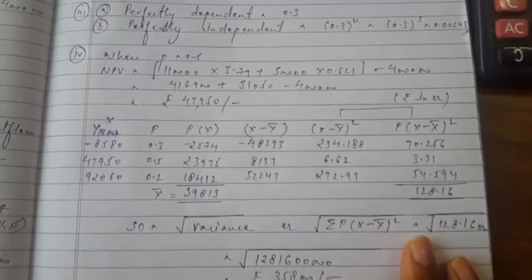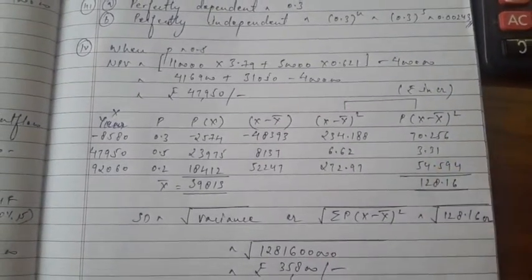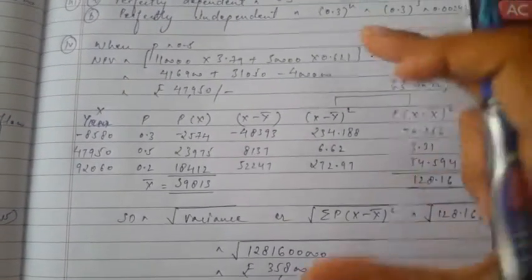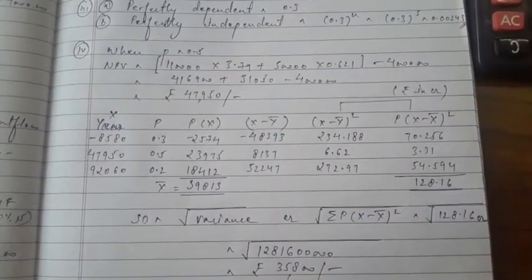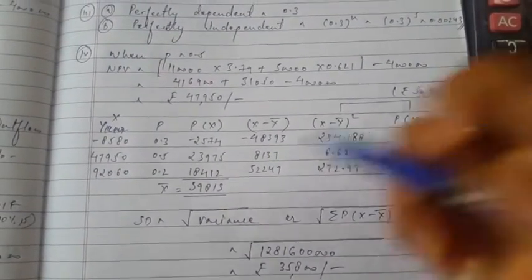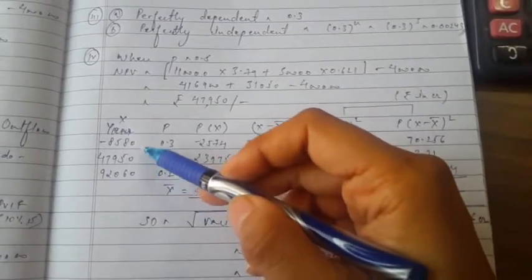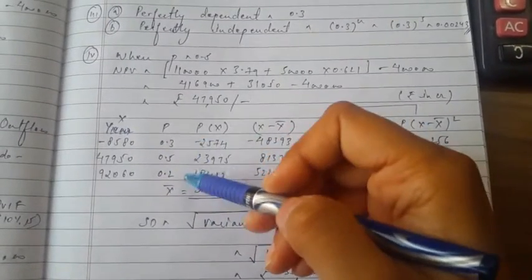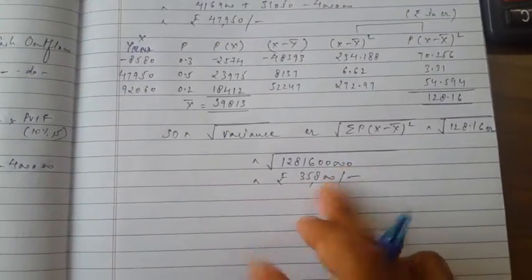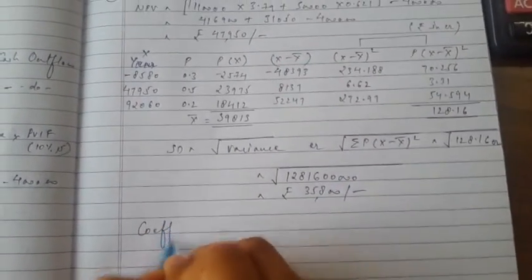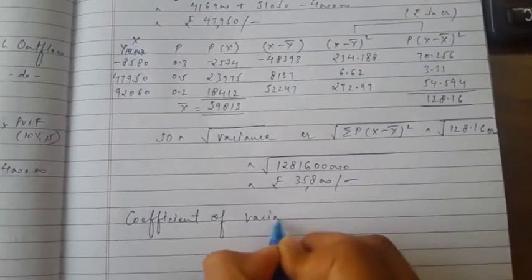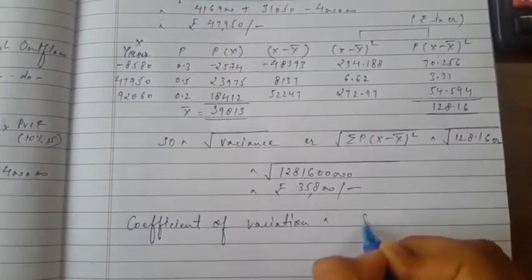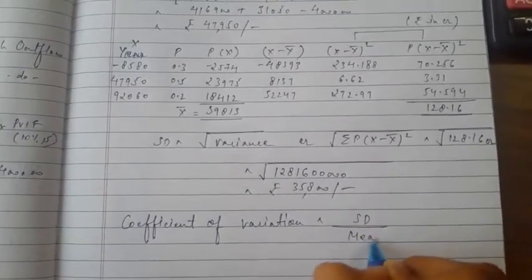Clear? So this is the way the fourth part will be done. It's a simple portion. In the fourth part, what you have to do is compute the standard deviation and coefficient of variation of the NPVs under three different situations. Now we have computed the standard deviation, and now we will compute the coefficient of variation, whose formula is SD by mean.